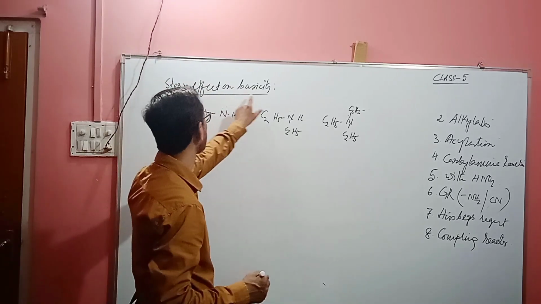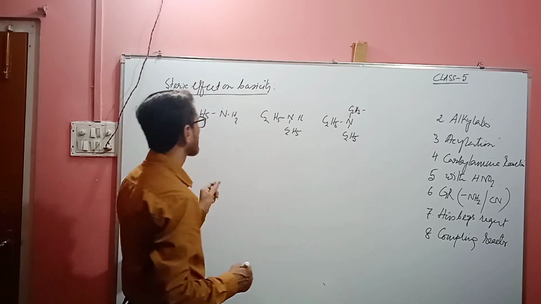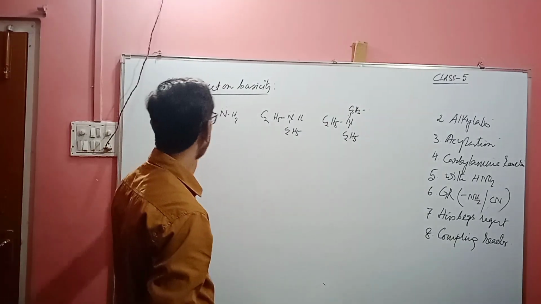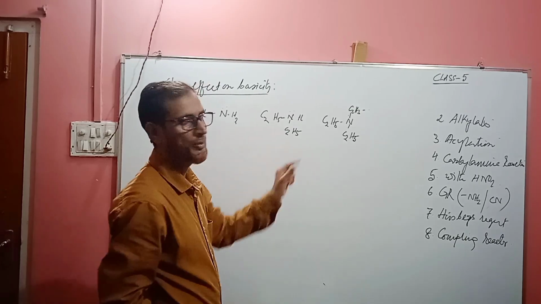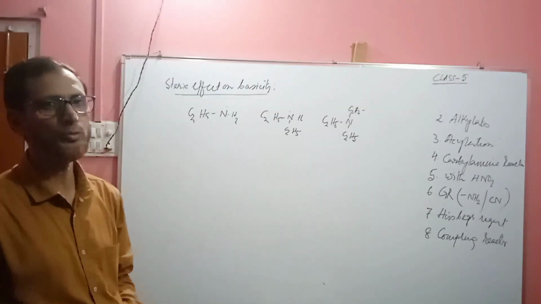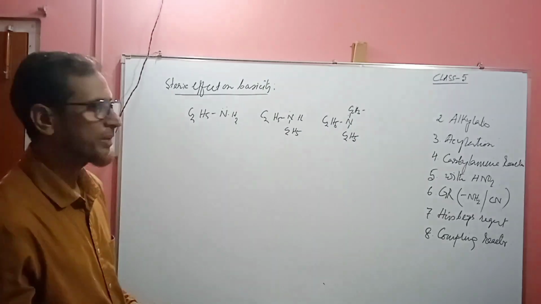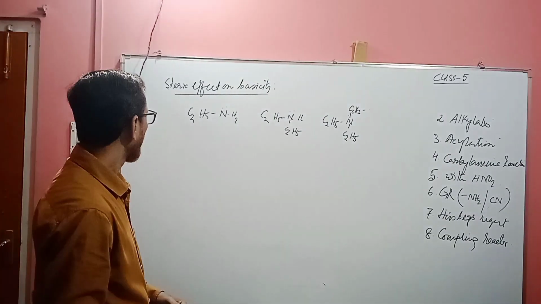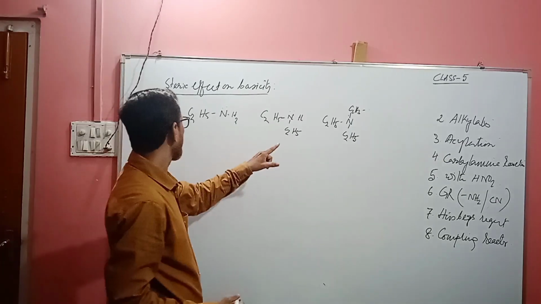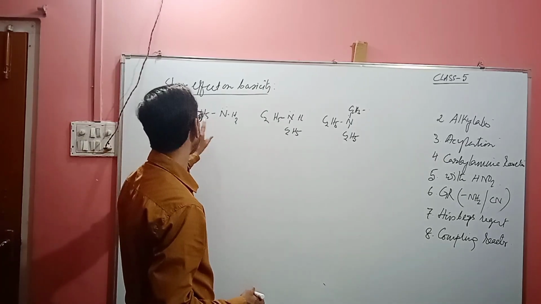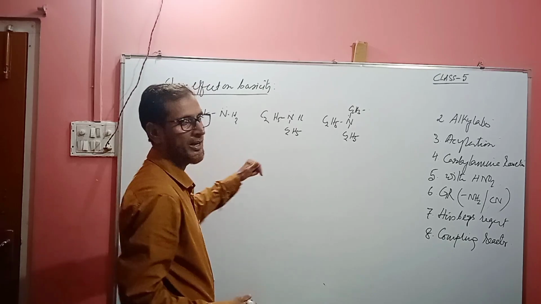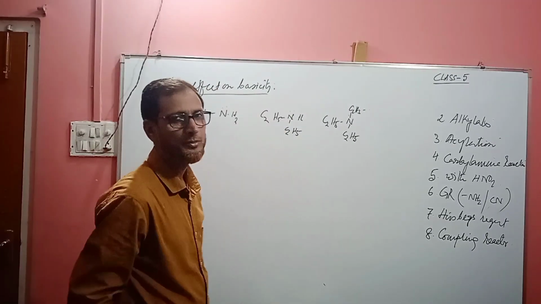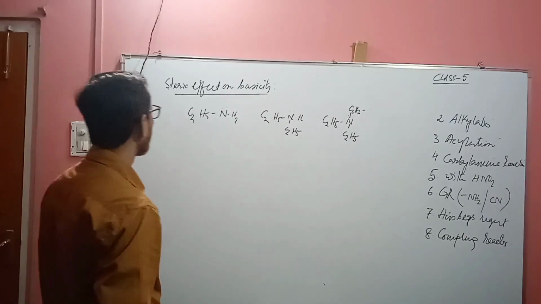Steric effect on basicity. In the first portion, just now, I told you about 1 degree, 2 degree, 3 degree when alkyl groups, CH3 groups, are there. As plus I groups increase, basicity increases in the gaseous phase. But if in place of methyl you use ethyl groups, which are a bit bulkier than methyl groups, then the steric effect comes into play.